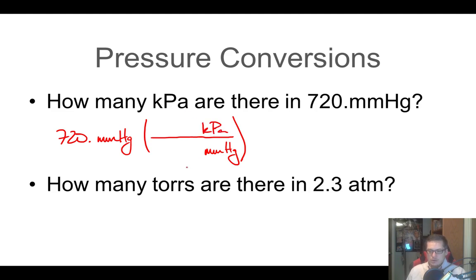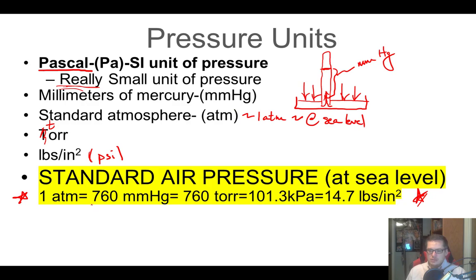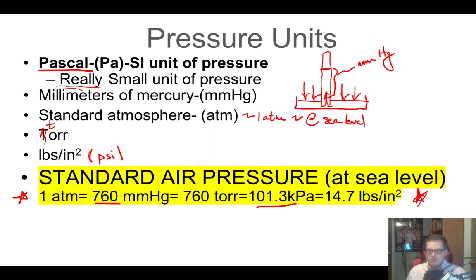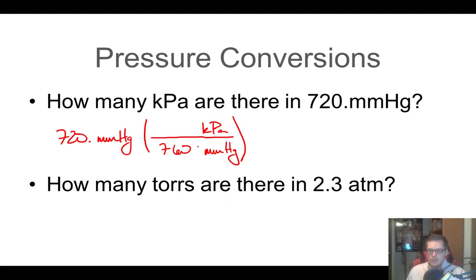Now we just go to our conversion list and find our two values. We have 760 for millimeters of mercury, so we'll put 760 down here. Then we have 101.3 for our kPa. Easy enough.